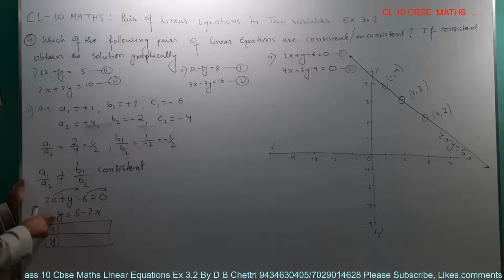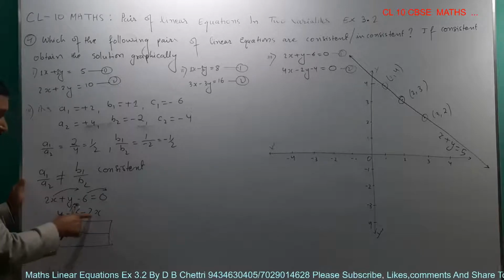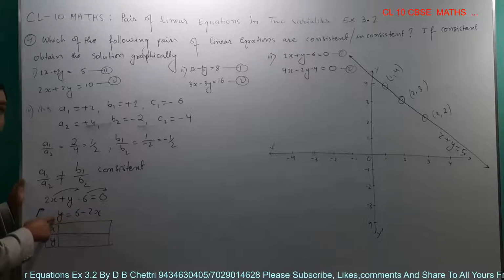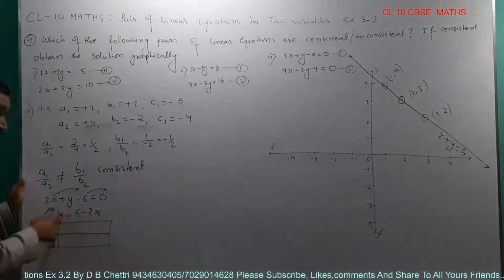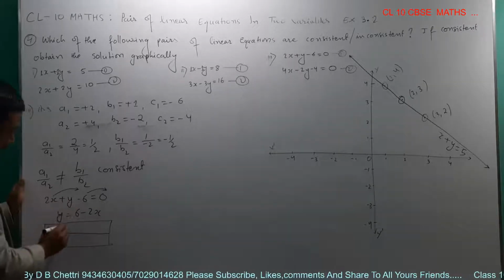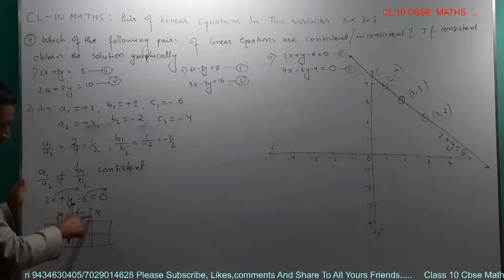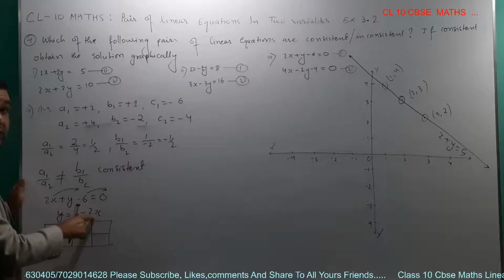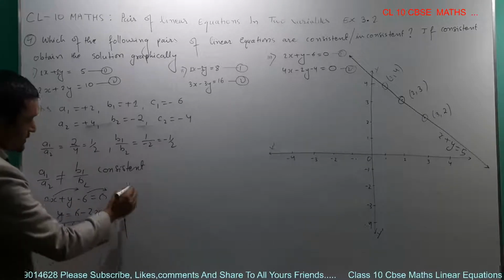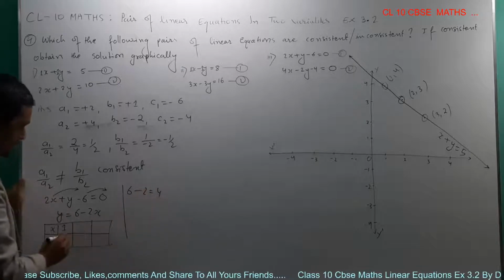Now we got the value of y in terms of x, that means we are going to replace x by our own value, and then calculate the value of y. If x equals 1, then 6 minus 2 ones are 2, 6 minus 2 is 4, so y is 4.